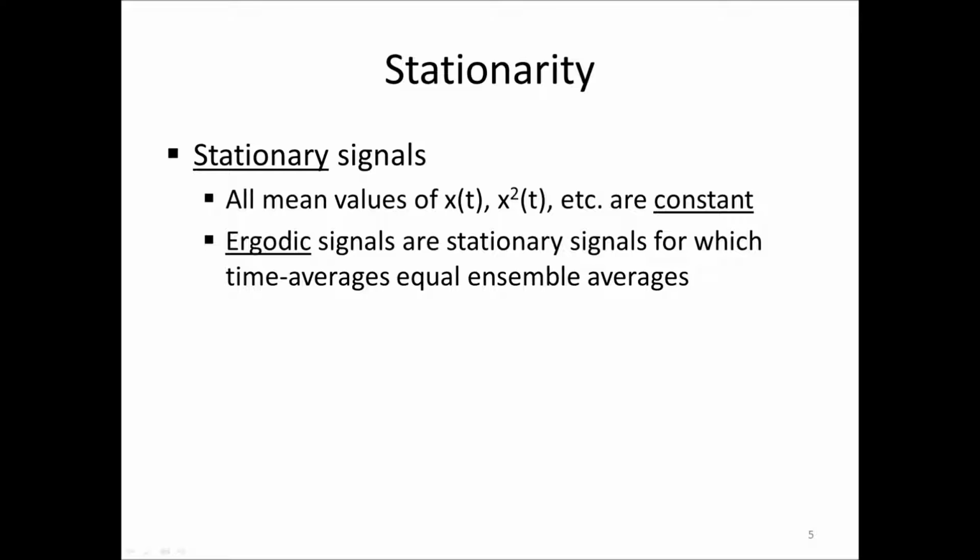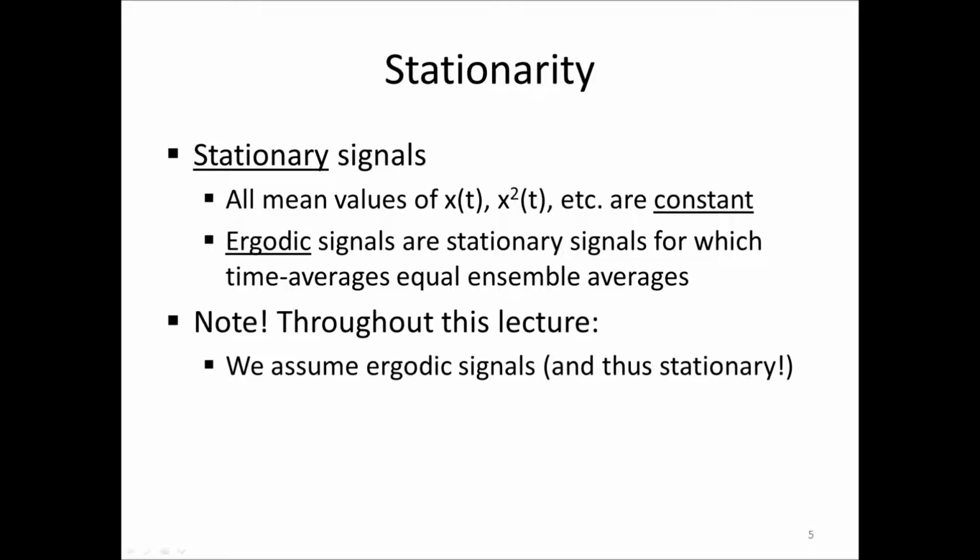Ergodic signals are stationary signals for which time averages equal ensemble averages. We will come to that soon. In this lecture, from now on, we will assume that we have ergodic signals and thus stationary signals. We assume additionally that all signals have zero mean.